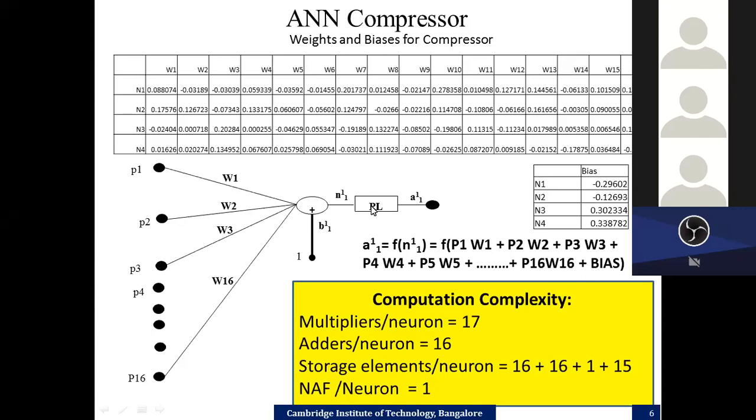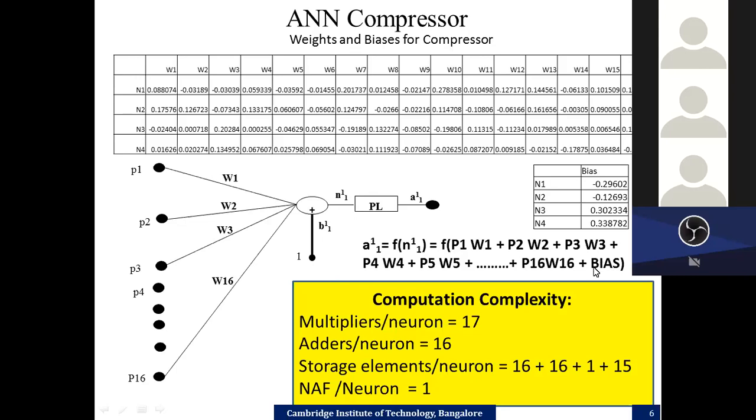Now, if you try to implement this network architecture on hardware, we know that for one single neuron, you need 17 multipliers. Why 17 multipliers? Because there are 16 inputs, and for each input there is a corresponding weight, so 16 multipliers plus 1 bias. Since the bias is always multiplied by 1, it will not need a multiplication, it is simply an addition.